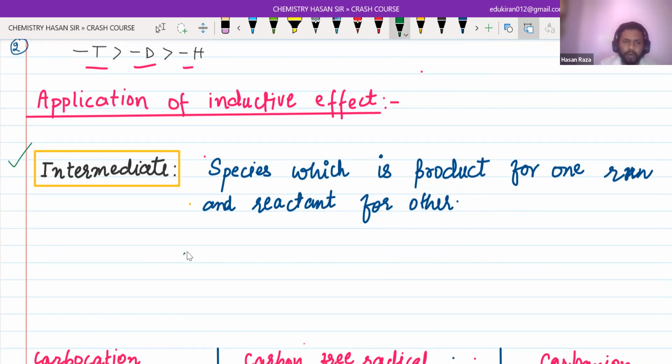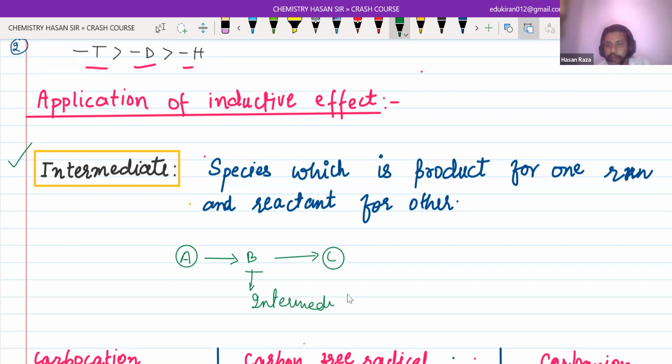Basically, if you do a reaction like this and your final product is C, then the species formed in between is a product of one reaction and a reactant for another reaction.